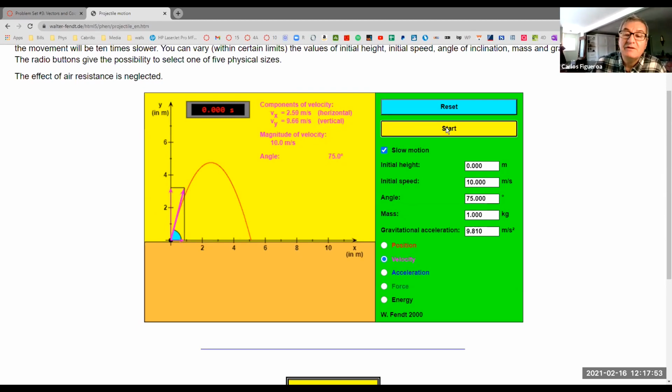Look at the amount of time that it's in the air now. Yes, I know that this is in slow-mo. I agree. So you can see it's almost like 4 times more.